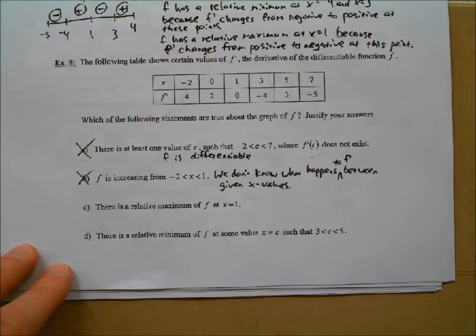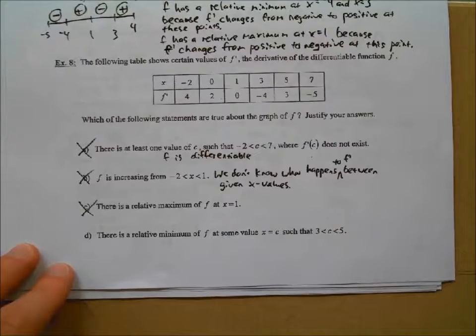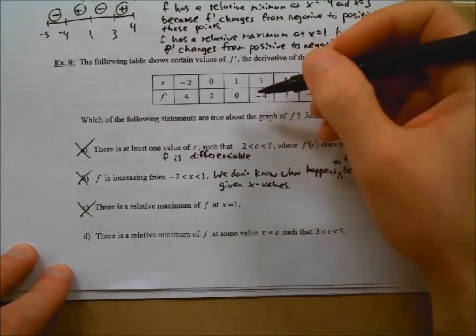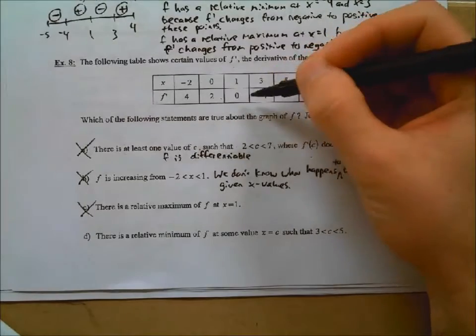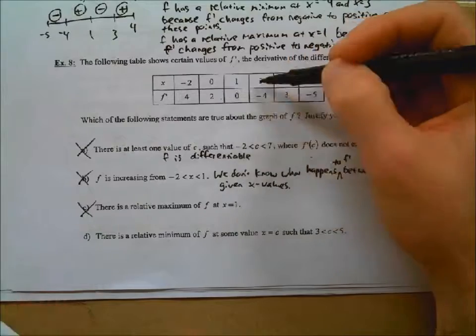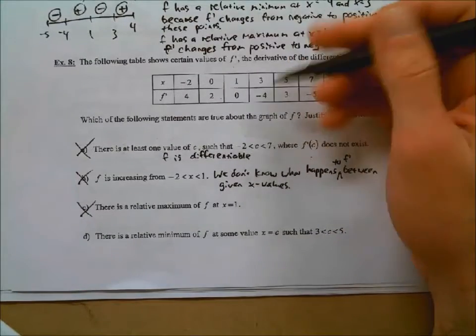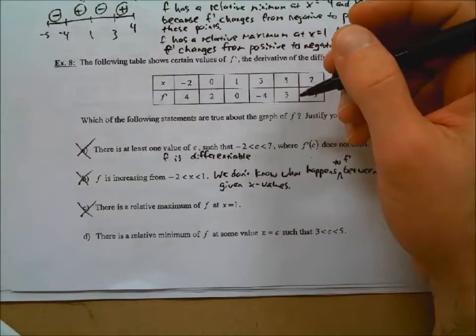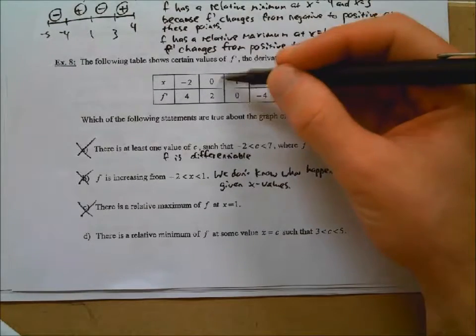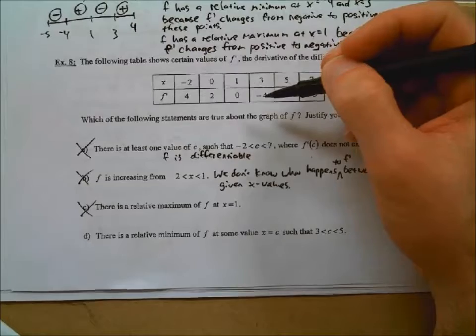This is false, but I want to make sure. The derivative could be 0 for this entire interval. Between 0 and 3, the derivative could be 0, so it wouldn't really indicate a relative maximum there at that point or something like that. So again, we just don't have enough information because we're jumping points here.